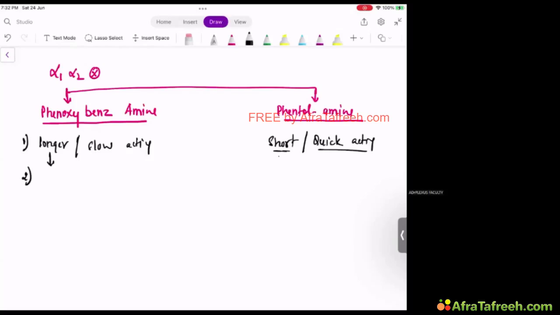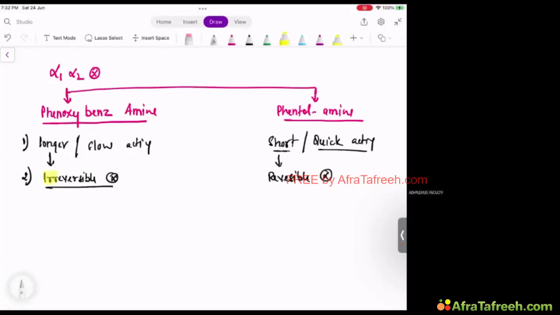You have a drug which is long acting versus one which is short acting. So tell me which one will be the irreversible blocker out of the 2. Phenoxybenzamine is an irreversible alpha blocker, and phentolamine is a reversible alpha blocker. That is the question which is asked.